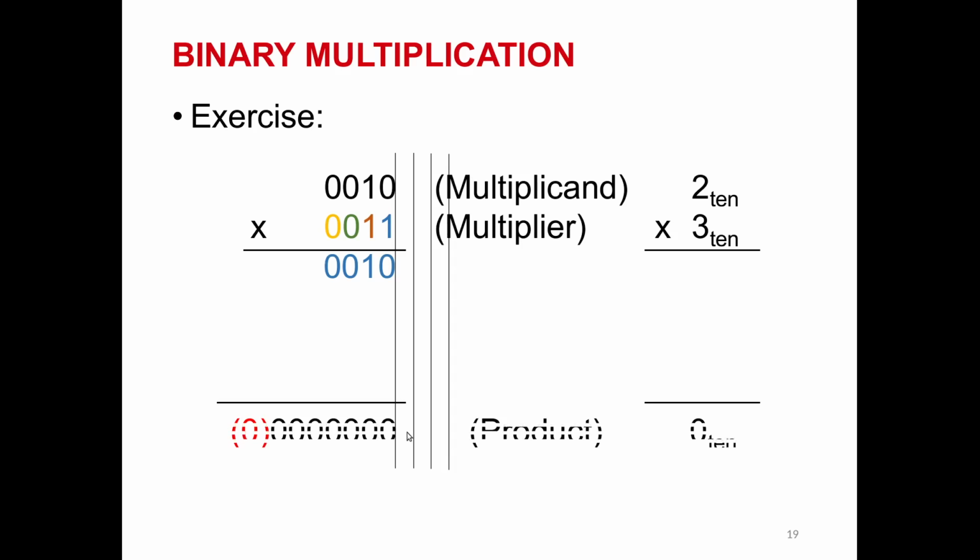So here you will have 0 1 0 0. If you count from the right, you have 0 1 0 0 here. But instead of aligning the bits at this line, you align it 1 bit further to the right.